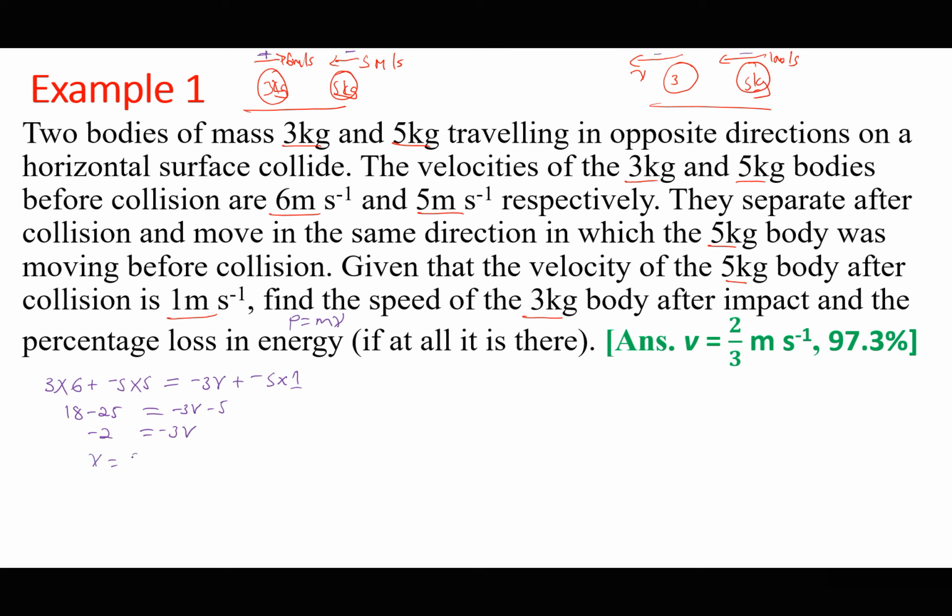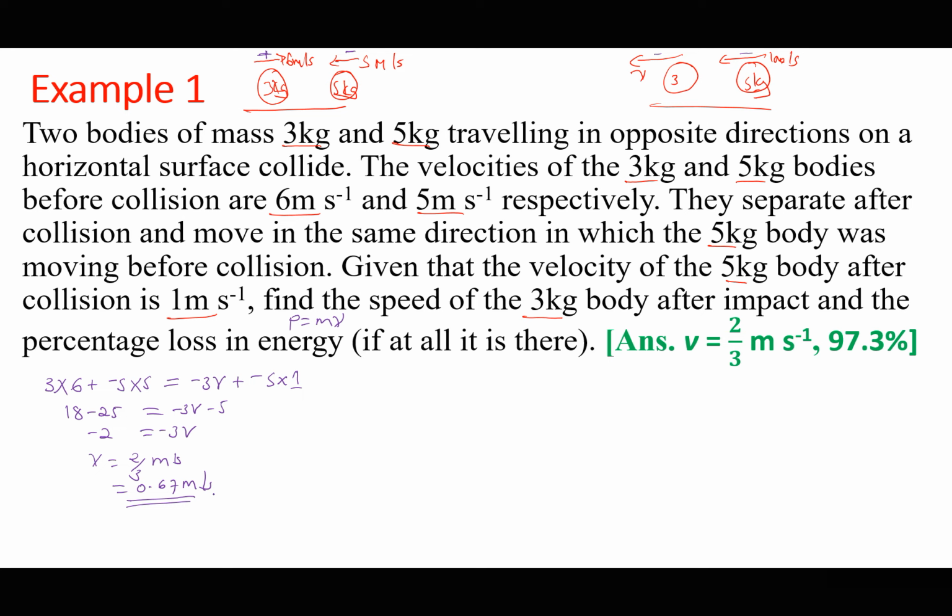So v is 2 over 3 meters per second. This is 0.67 meters per second, 0.666 recurring up to 7. So that is the speed of the 3 kilogram mass, 0.67 meters per second. I've used the conservation of momentum.